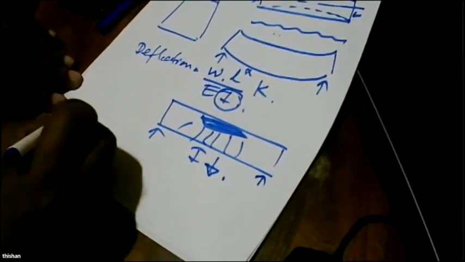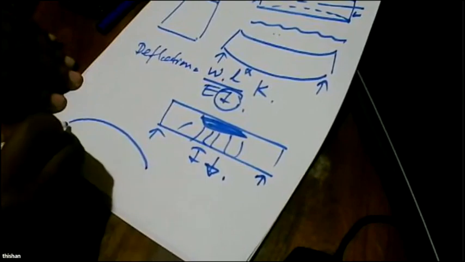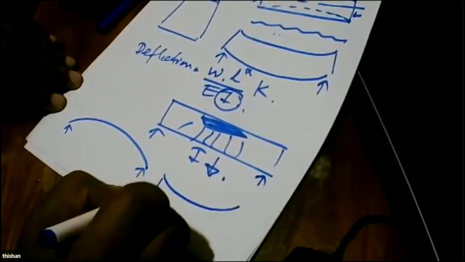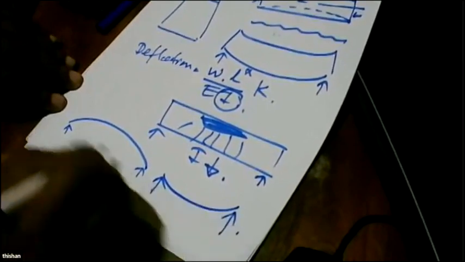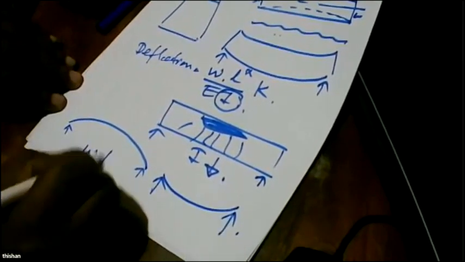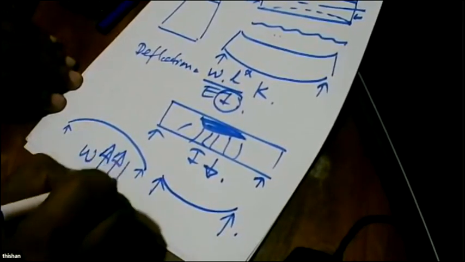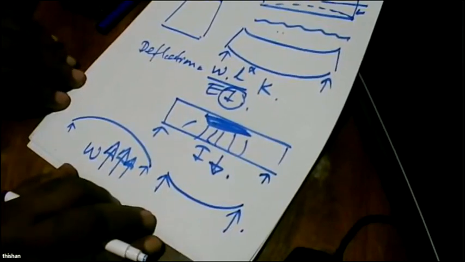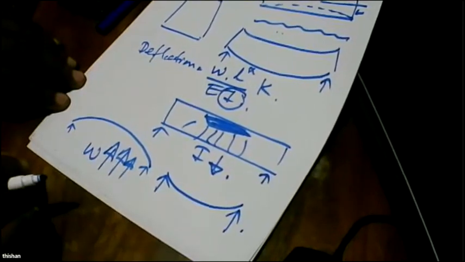And the other advantage is we can make it start this way and then make it fail this way. That means we can apply a W, but we can apply a very high W because we start with a beam that is bending upwards. So because of that reason, we can apply a huge amount of load before it actually fails.